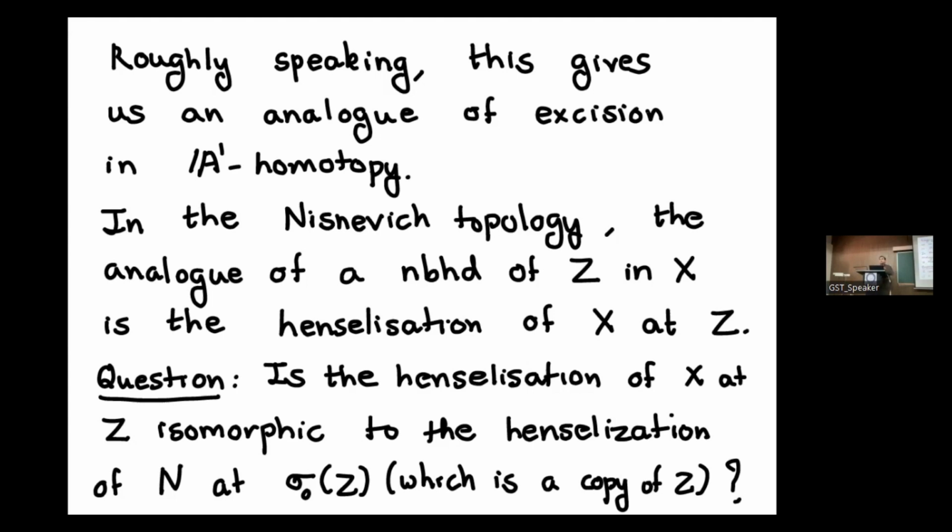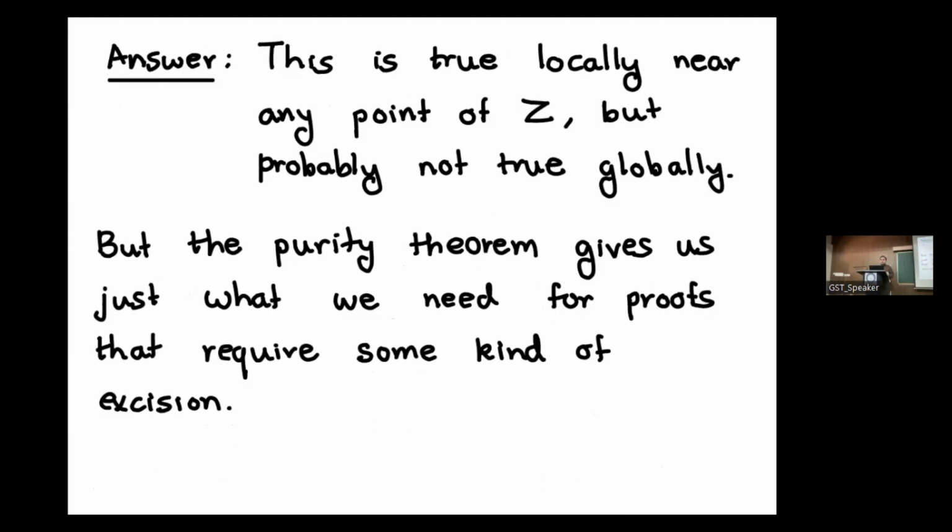So isn't it reasonable to say that in the Nisnevich topology, near Z, X looks like what N looks like near the zero section? When I say near, I should take the henselization. So does the henselization of X at Z look like the henselization of N at the zero section? Well, this is actually probably not true globally, but locally it is true.